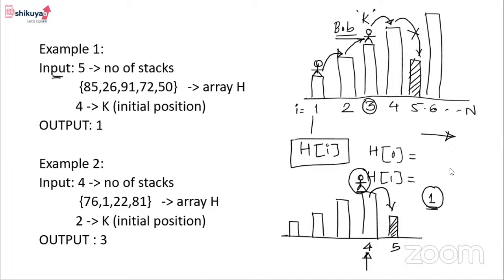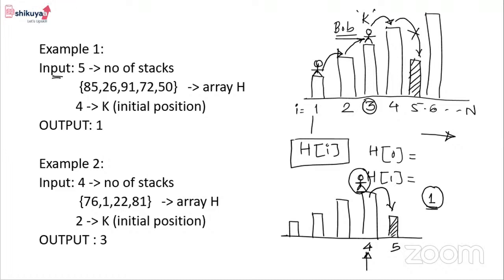Then in an array, we will store the height of each individual stack: 85, 26, 91, 72, and 50. These are the individual stack heights. And then K, that is the initial position of Bob. These are the 3 inputs that we need to give to the program, and the output is 1.